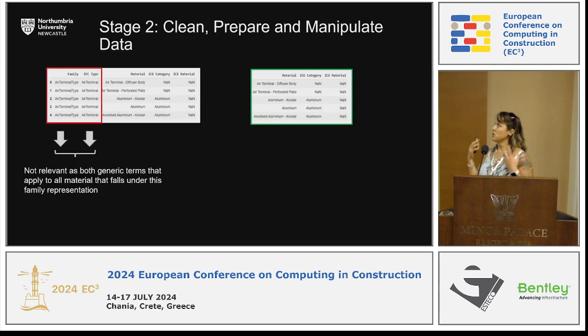So the first stage was to really look at that data, understand that data. And what we found within the BIM data is that things can belong to an IFC family or an IFC type that can be of different materials. So the IFC family and the IFC type definitely do not determine the material. So we were able to drop those columns from that data and work with a much smaller data set.